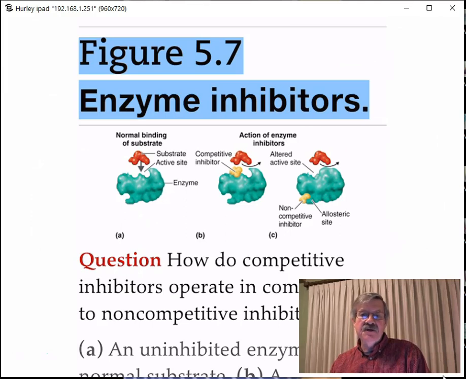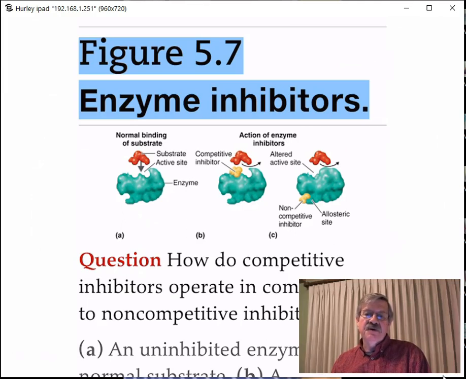Now, in C, you notice you have another site. Any other site on that enzyme that affects the function of the enzyme, other than the active site, is called the allosteric site.